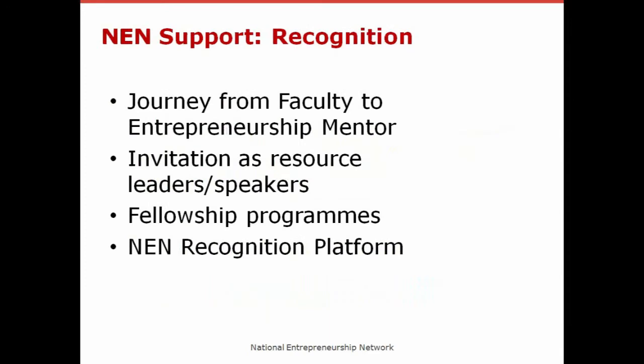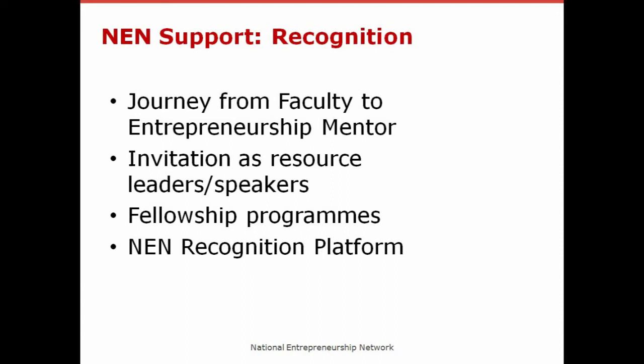We've spoken about your role, the various courses that we offer, and how you can take those courses, go back to your campus, and teach, educate, and mentor your students. Now I think would be a good time for us to share with you the sort of support NEN can give you in terms of recognition. In the following few slides, you will see some really amazing stories of faculty from various fields who have transformed into really amazing entrepreneurship mentors.